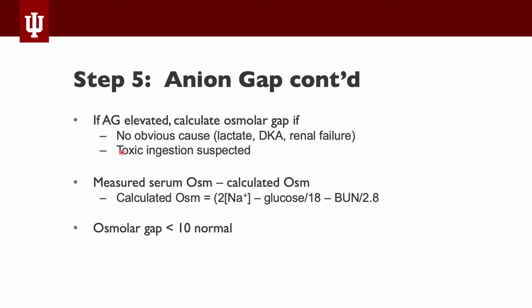But if you suspect that someone's ingested something like ethylene glycol, some of the organic alcohols that people can become intoxicated on, you might calculate an osmolar gap. Here's the formula. I'm not going to dig into this all that much, but it's 2 times the sodium plus glucose over 18 plus BUN over 2.8. Normal osmolar gap is less than 10.